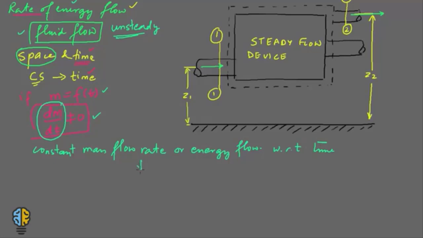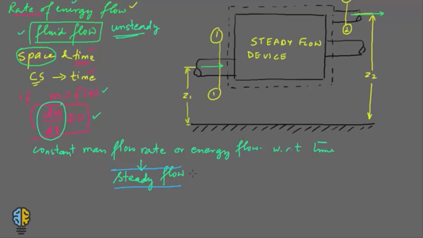Although you have the same flow throughout with respect to time, the flow might change at different locations, so you would have variation along the space coordinates.